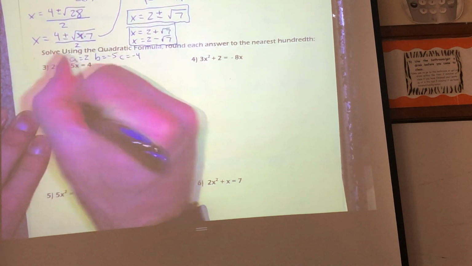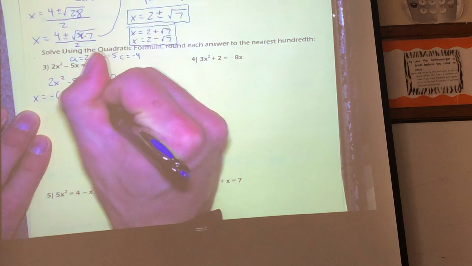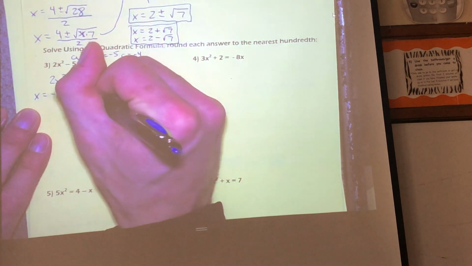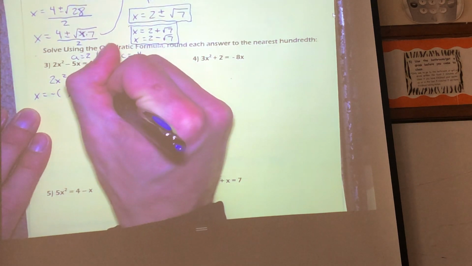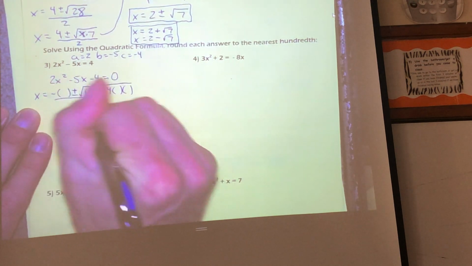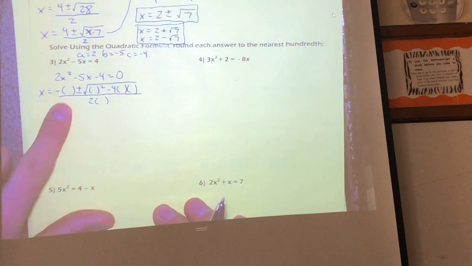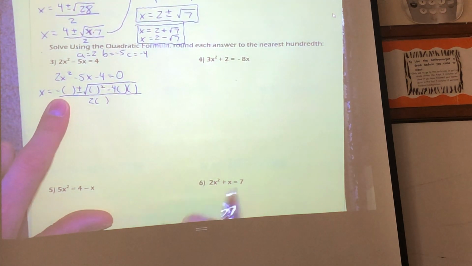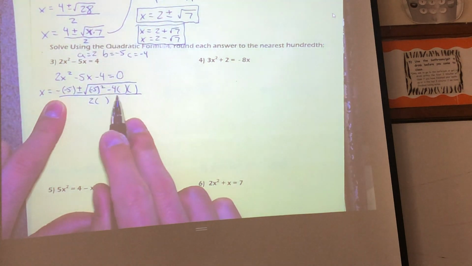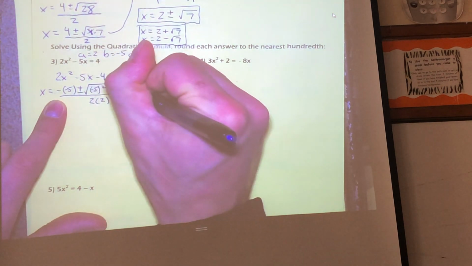So x is equal to negative b, plus or minus. Now once again, it's important to put your parentheses, so make sure your signs are accurate. We have the square root of b squared minus 4 times a times c, all over 2a. So we're going to plug in. So we have negative b, so this will be negative 5 here and here. Negative 4 times a is here and here, and then c.